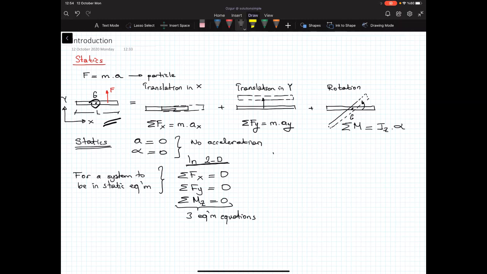So if I have a three-dimensional structure, or if I want to analyze that structure in 3 dimensions, then I will have 3 translational components: sum of forces in x equal to 0, y is equal to 0, and z. So these are all the equations related to the translational motions. And we have equations related to the rotating motions.